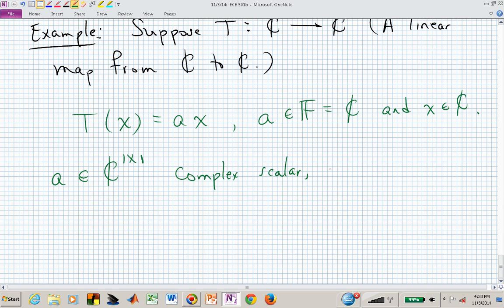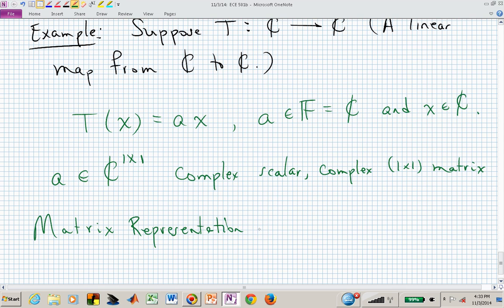Complex scalar, or a complex one-by-one matrix. And for that reason, then, the matrix representation, and we're assuming the standard basis, which is just 1.